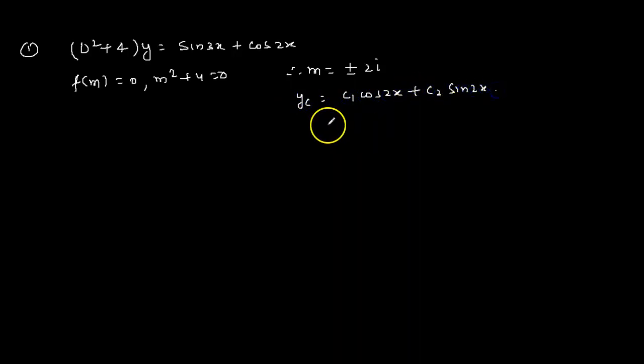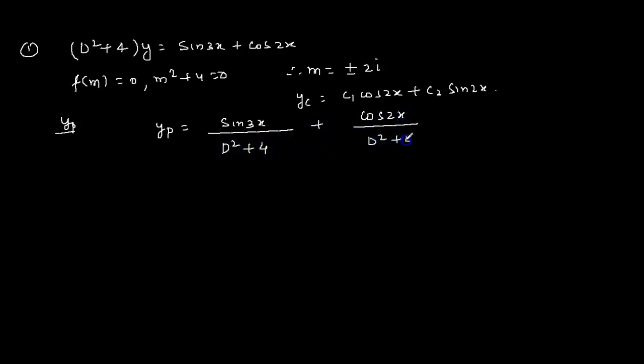Any doubt in this yc? No, sir. You got it. Now why did you get 2i? Because this 4 will come to this side as minus 4. Now for the particular integral, we have to write yp is equal to sin 3x divided by D square plus 4, and you split it separately, plus cos 2x divided by D square plus 4.